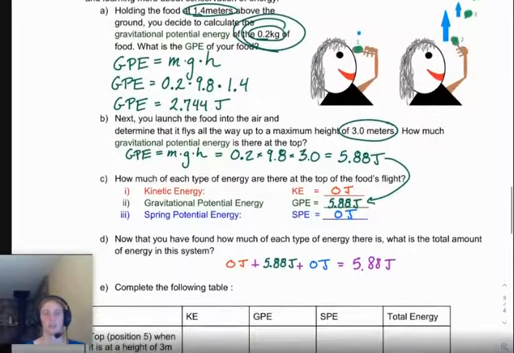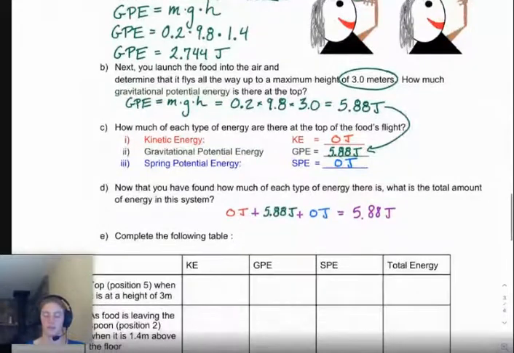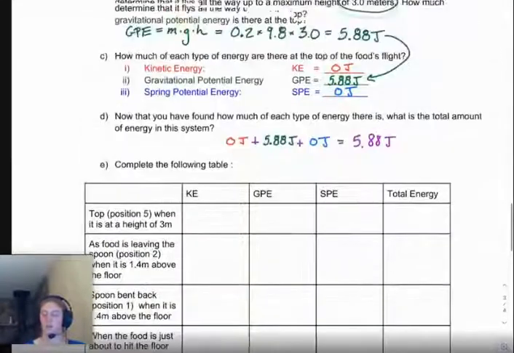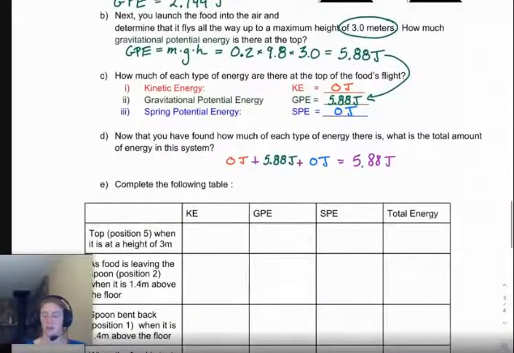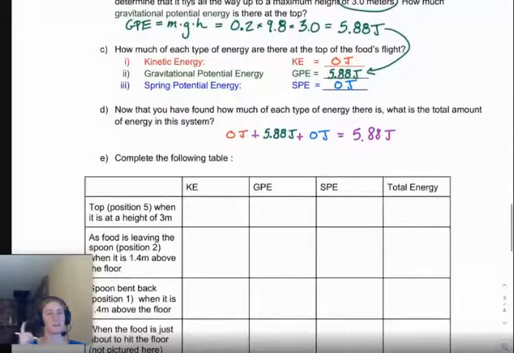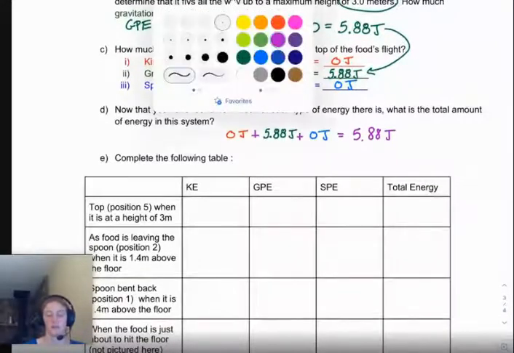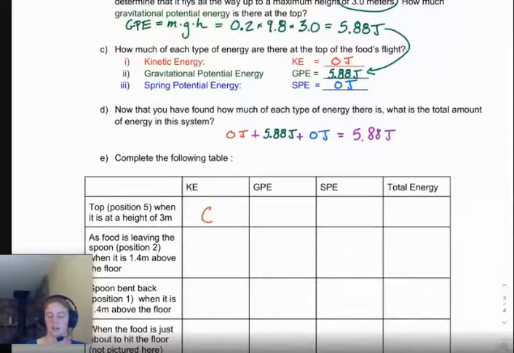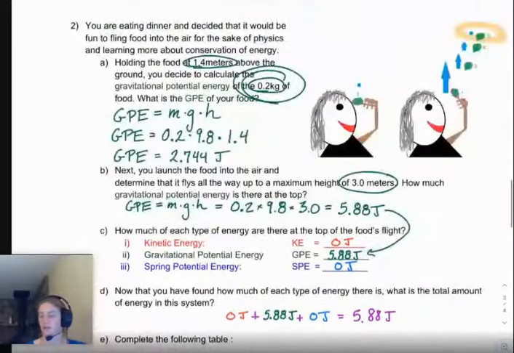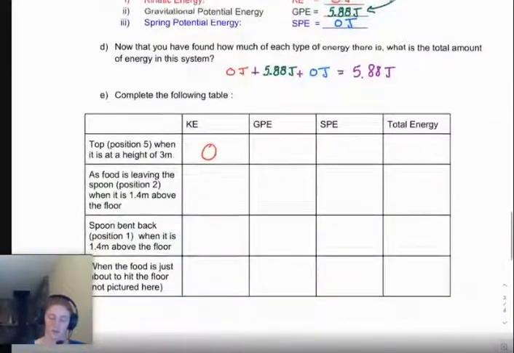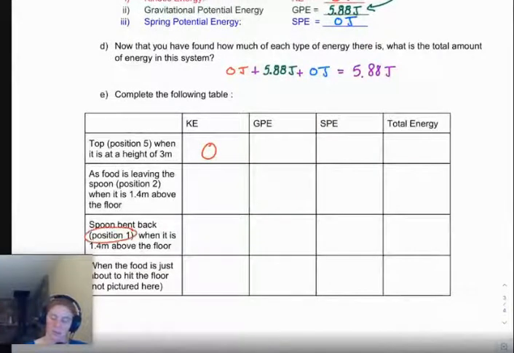So then it asks me to complete the table. So what I'm going to do is look at what I've already calculated and figure out where it goes in this table. So at the very top, I said that it was not moving, which meant that I had a kinetic energy of 0. And remembering that kinetic energy is 0 when my velocity is 0, I'm going to look and see when else it's not moving, which is at position 1, my velocity is also 0. So position 1, kinetic energy will also be 0.